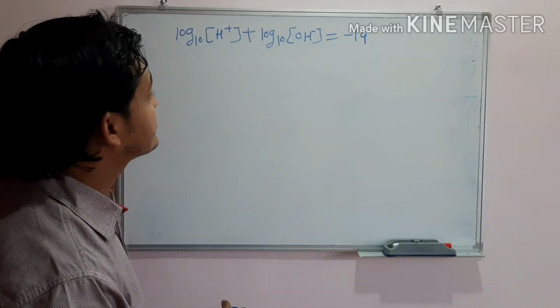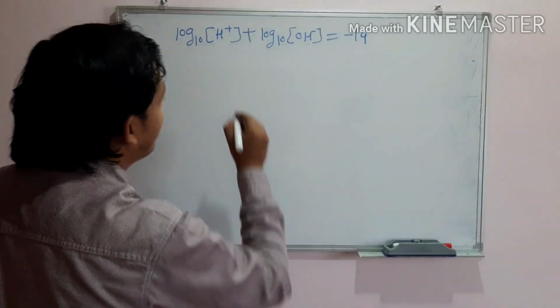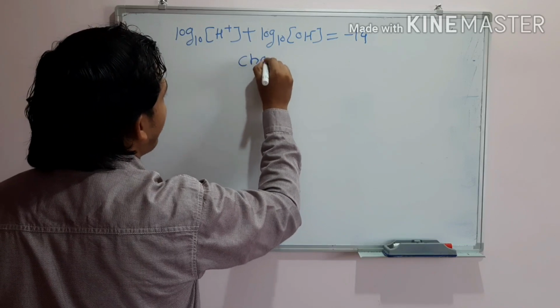Then changing the sign of both sides, or multiply this equation by minus 1.